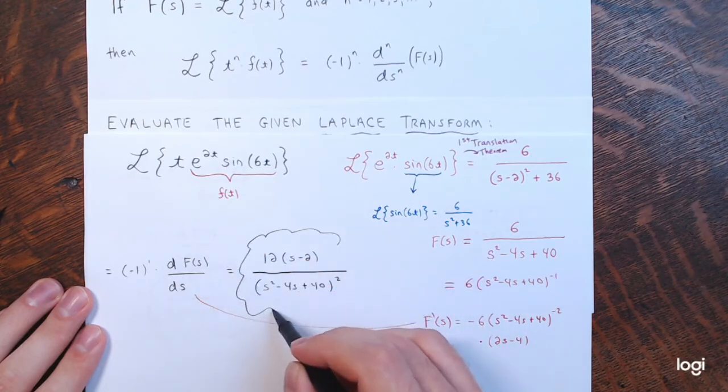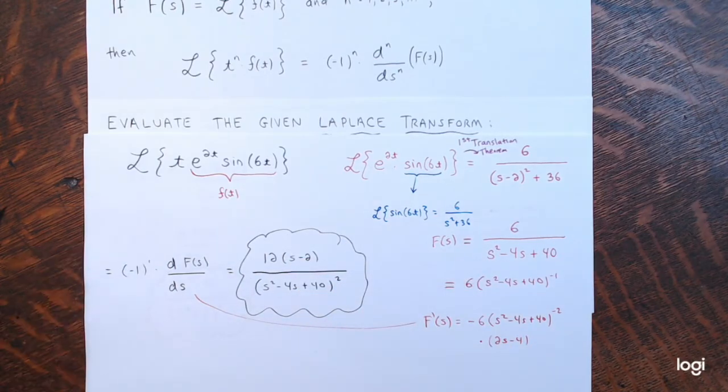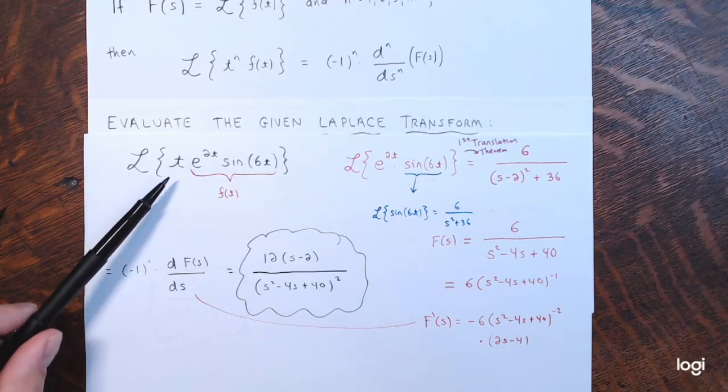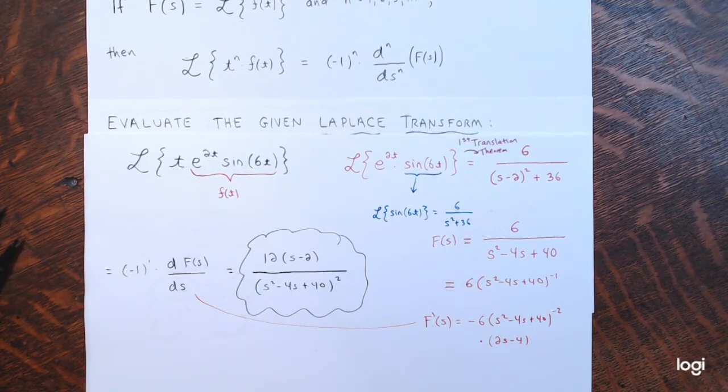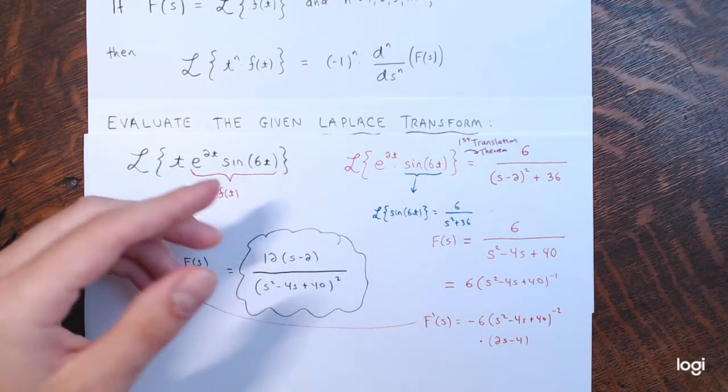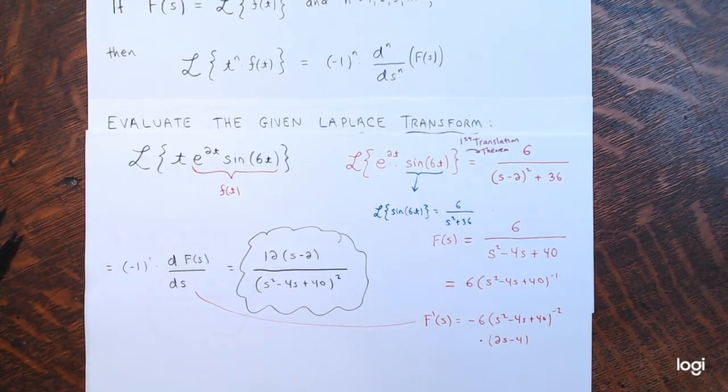So there we go. There's the Laplace transform of t times e to the 2t times the sine of 6t. Which again, you could do the long way. You could always use the definition of Laplace transform to try to find this, and you could probably manage.